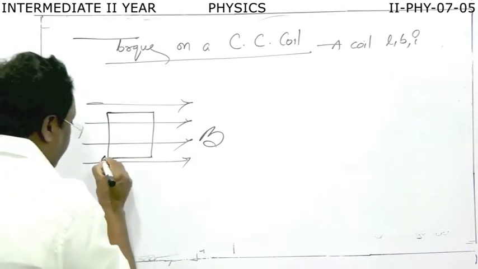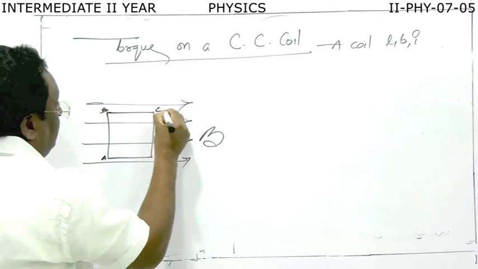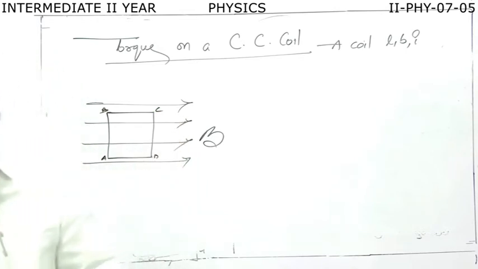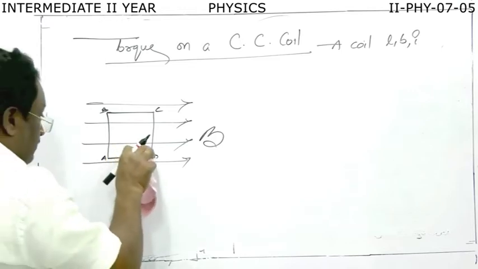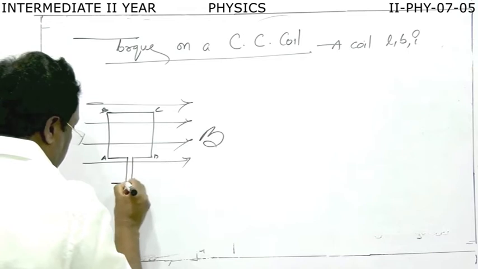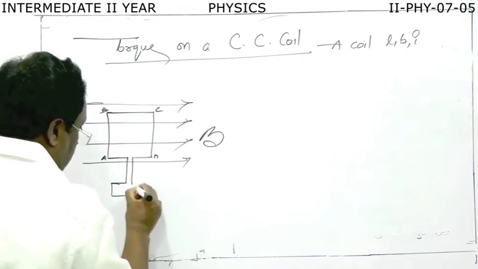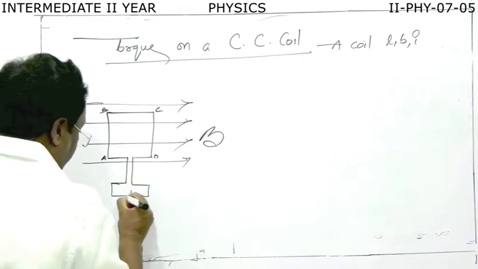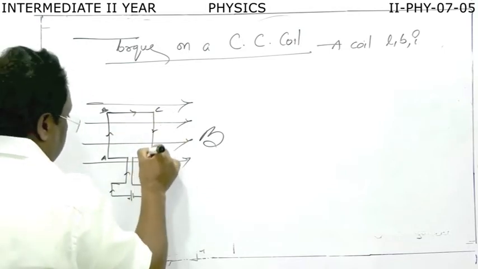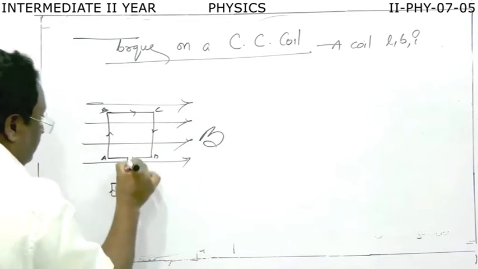Let us say A, B, C, D. Here the two ends are connected to the battery. Now the current is flowing like this.